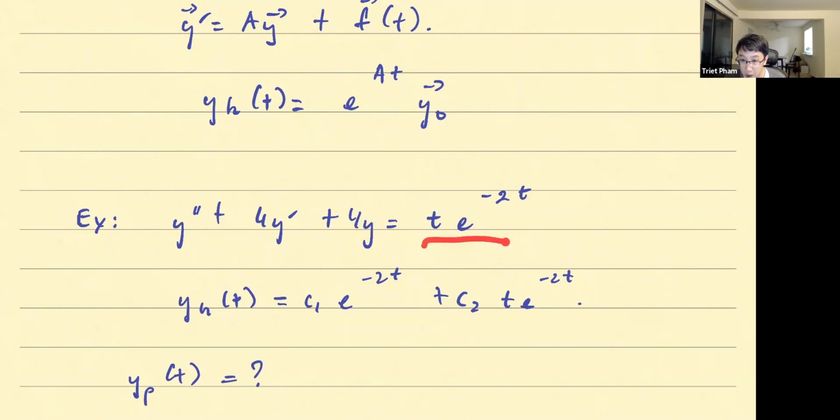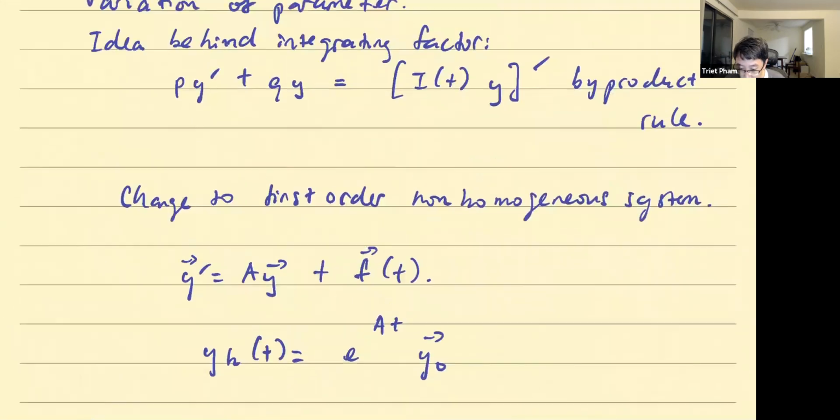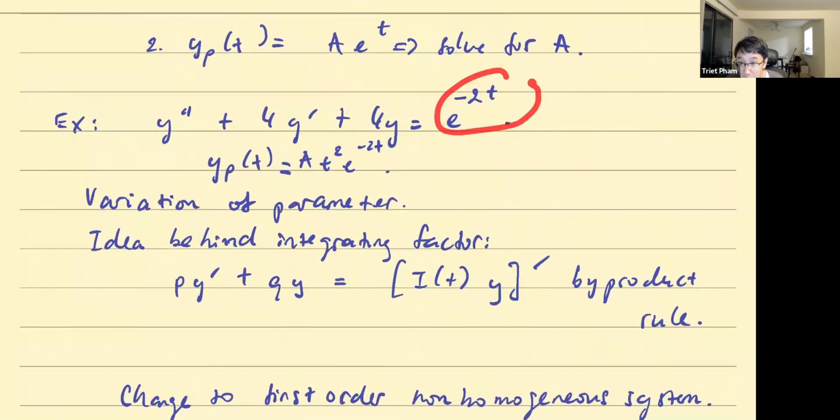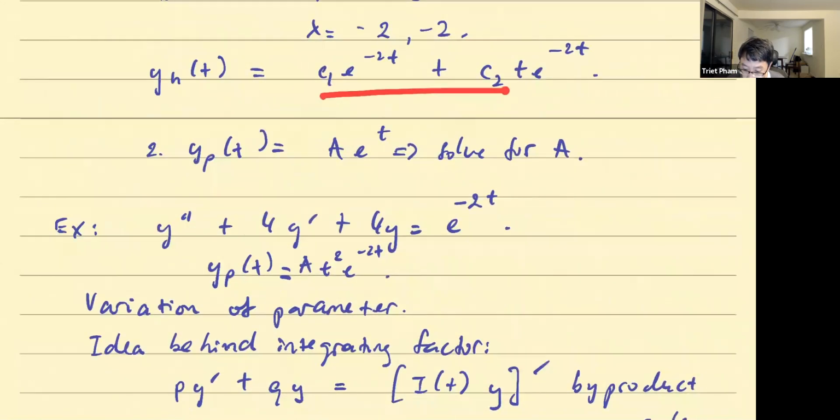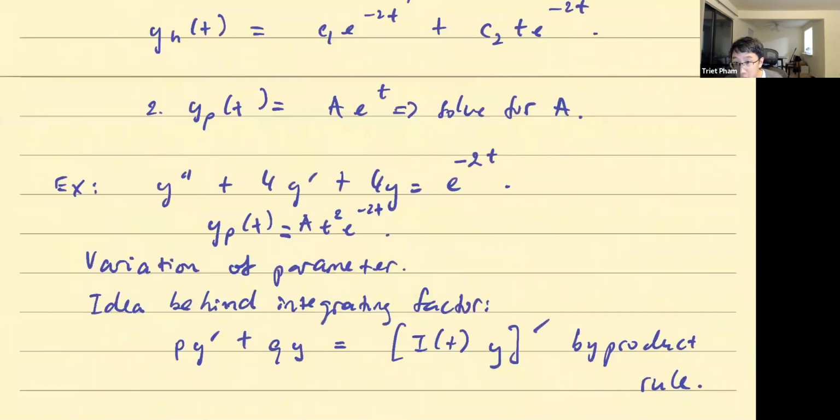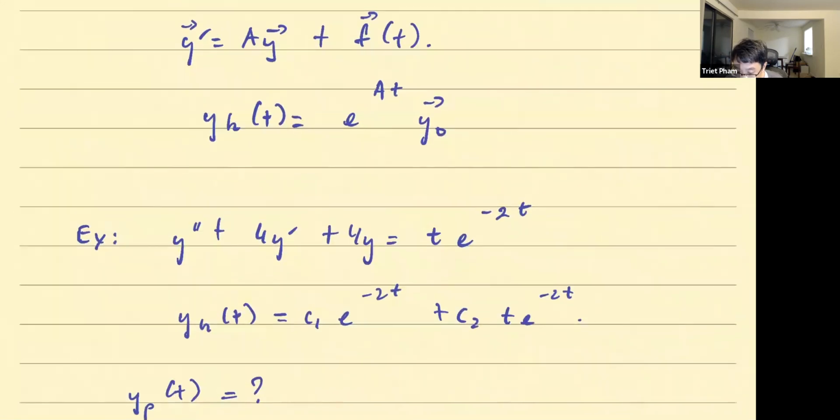You appreciate this question, right? Because before, when I asked just e to the minus 2t, Will said you have to multiply by t squared to get out of the homogeneous solution. Now I changed this to t, and I ask, what is the form of the particular solution here?